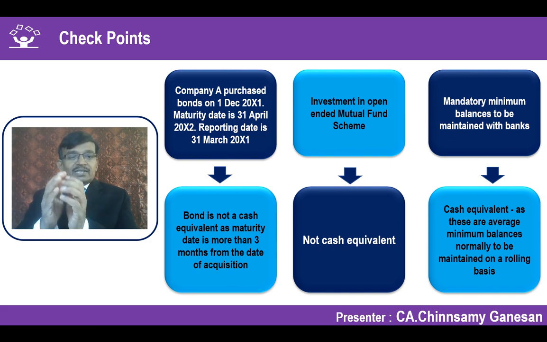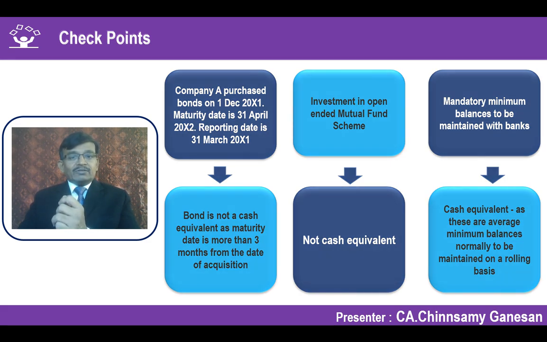So we will not say that the amount has been earmarked and fixed; it is actually maintained on a rolling basis. Accordingly, the entire balance in the current account, even if there is a stipulated amount to be maintained on a mandatory basis as a minimum balance, should be treated as part of the cash equivalent.